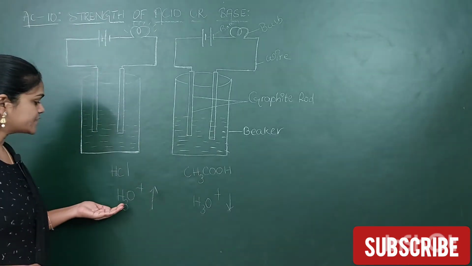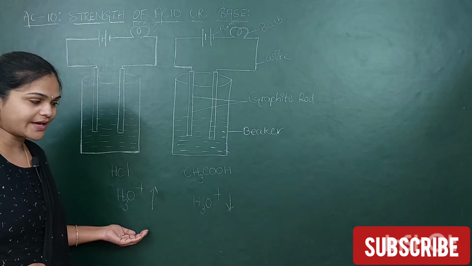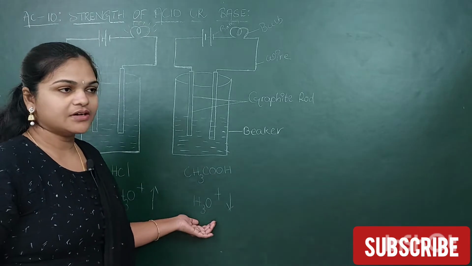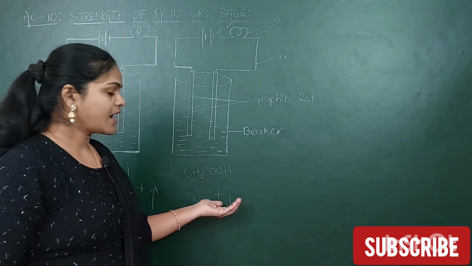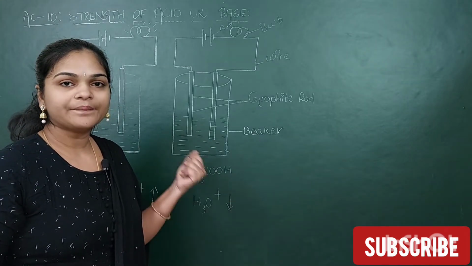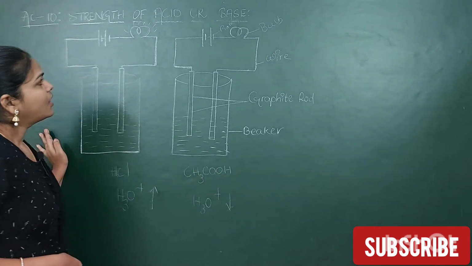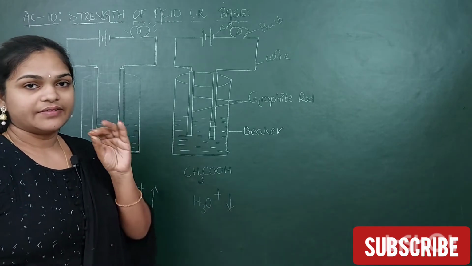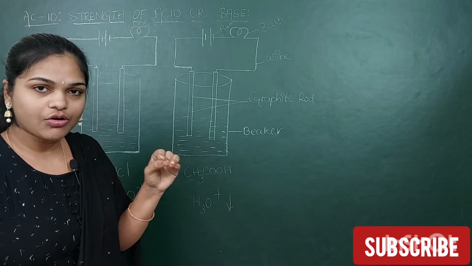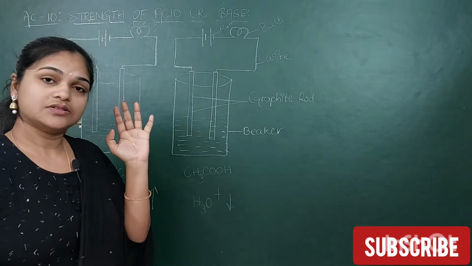The first one has more H3O plus ions, so it is a strong acid. The second beaker, acetic acid, has less H3O plus ions, so we can say it is a weak acid. By doing these experiments, we can identify whether the acid is strong or weak. Okay, so now we have taken acid.